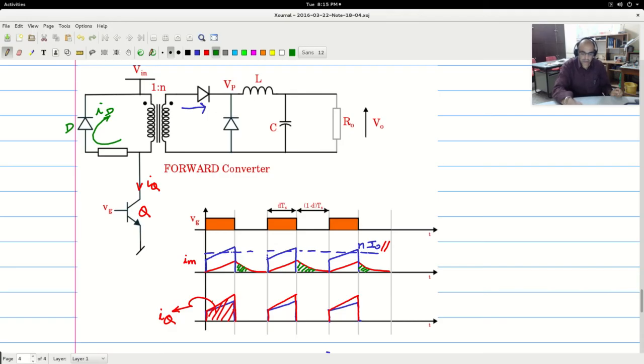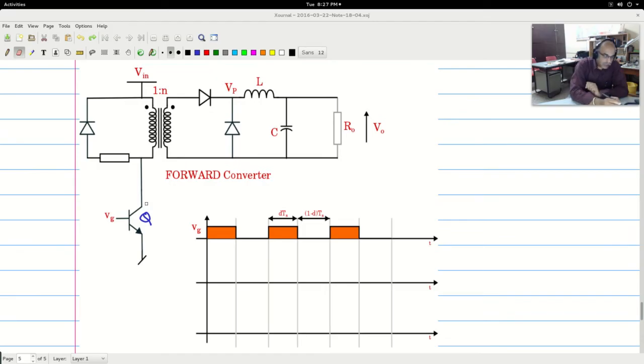We will just have a look at the voltage waveforms too, to understand what is happening to the voltage ratings of the converter. Consider the switch Q, and let us look at the voltage waveform across the switch, VQ.